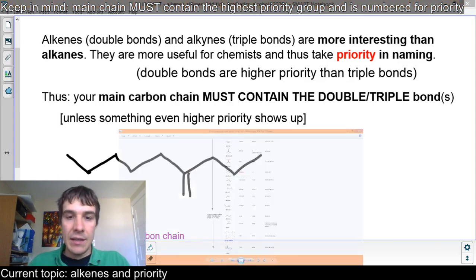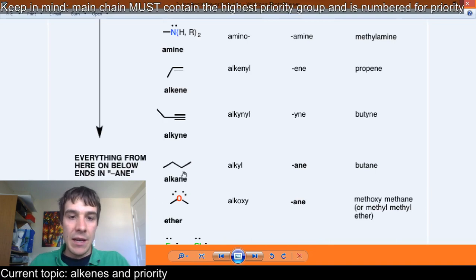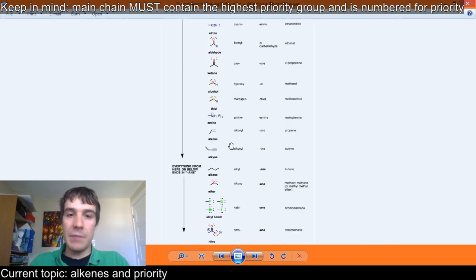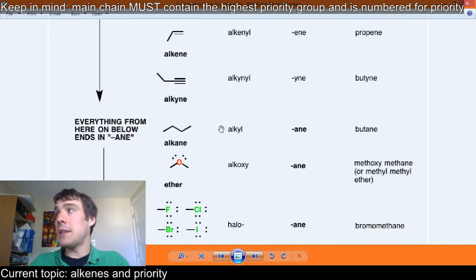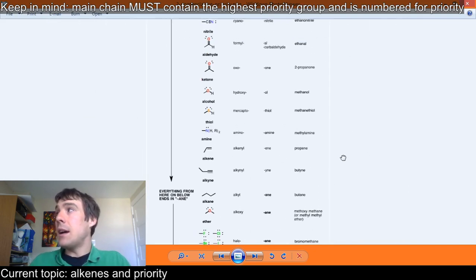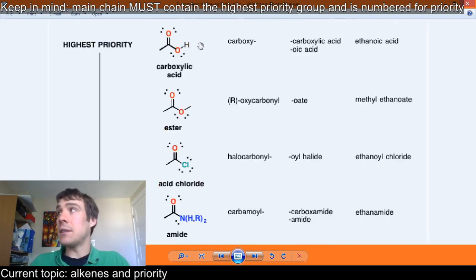Here is an excellent picture of a priority list. You can see here alkanes, alkynes, and alkenes are pretty low down the totem pole. But there's stuff below them. Everything below alkane just ends in alkane. And then we've got other more interesting things. The number one thing in priority is a carboxylic acid.